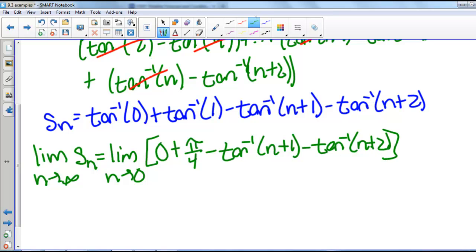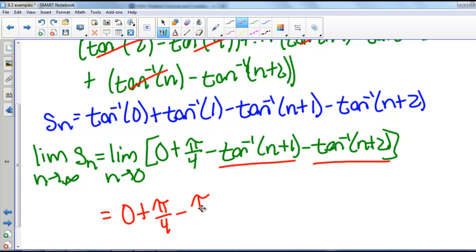Now the limit as n goes to infinity of inverse tangent of n plus 1 and inverse tangent of n plus 2, those are both pi over 2. So we get the limit as n goes to infinity of S sub n is 0 plus pi over 4 minus pi over 2 minus pi over 2, which is negative 3 pi over 4.